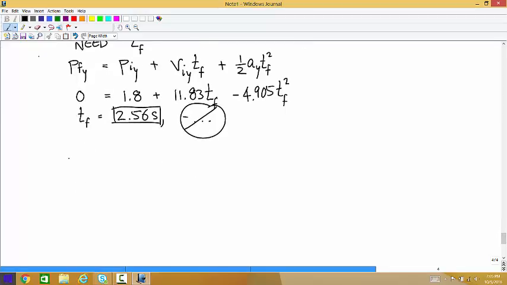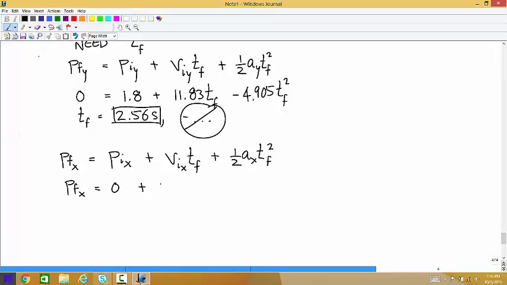And now we can plug that into the x equation. PFX is equal to PIX plus VIX TF plus 1/2 AX TF squared. So PFX is equal to 0 plus 25.38 times 2.56.